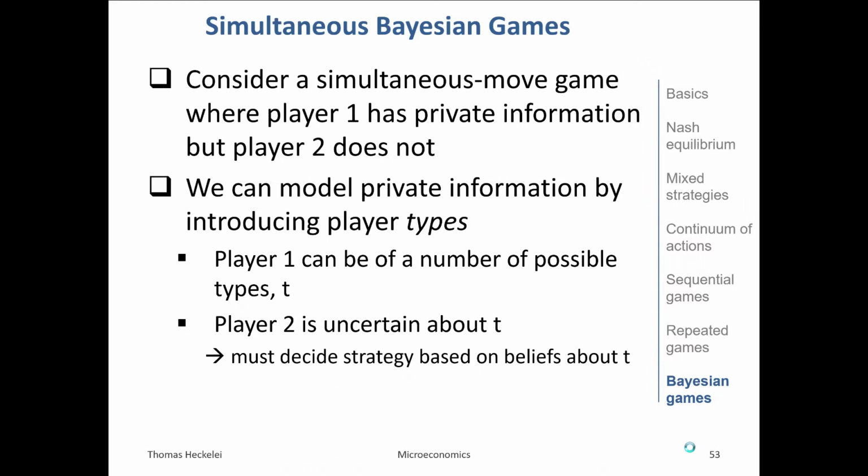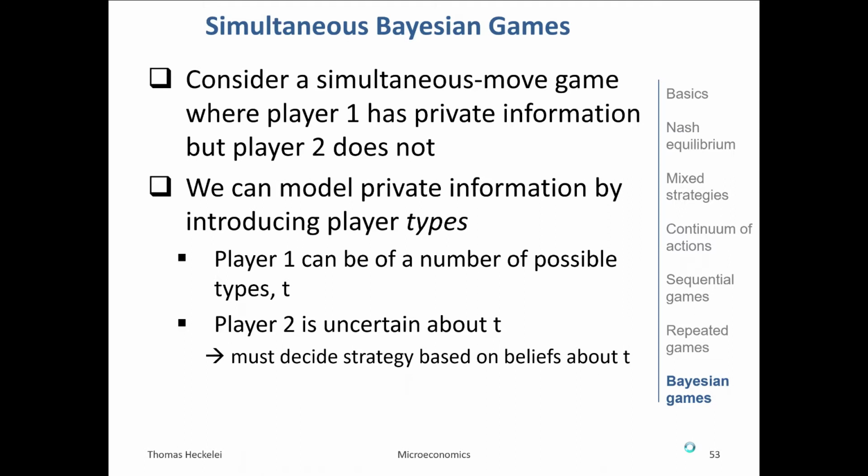And the basic private information form to start with is about the type. So player one can be of a number of possible types, denoted T. Player two is certain about his own type. It's very straightforward, only a single type. Both player two and player one know that.